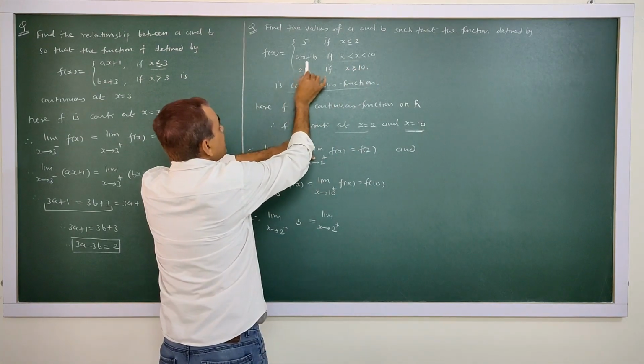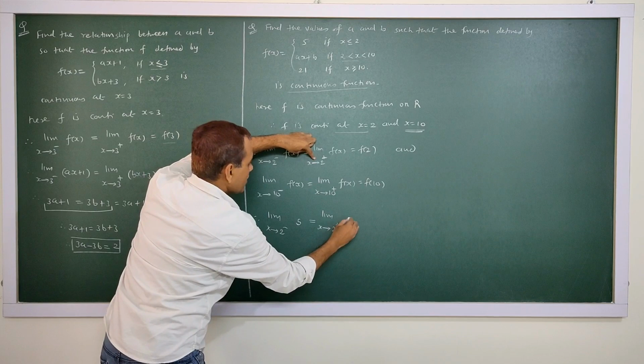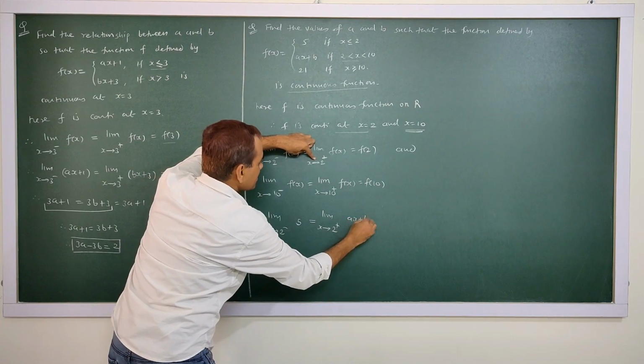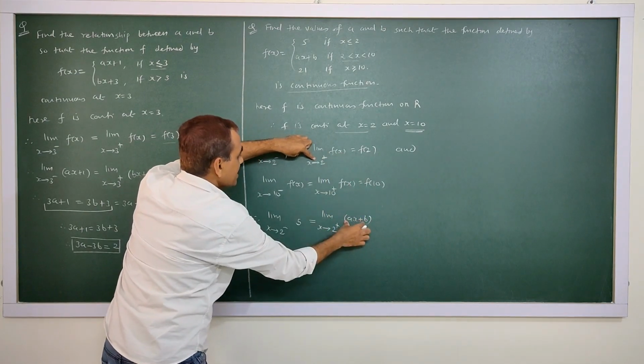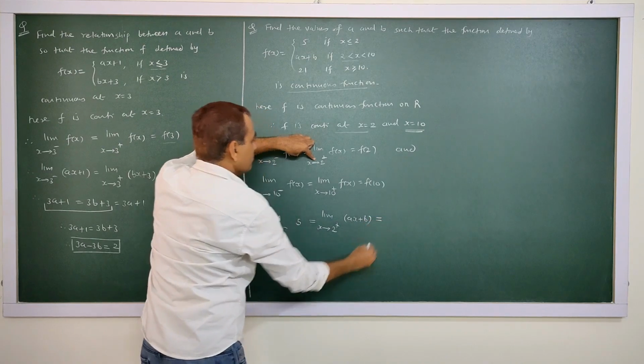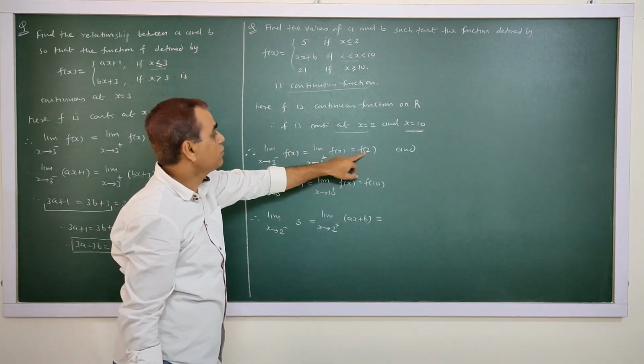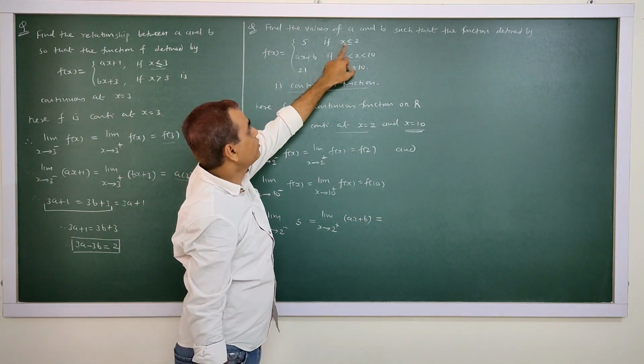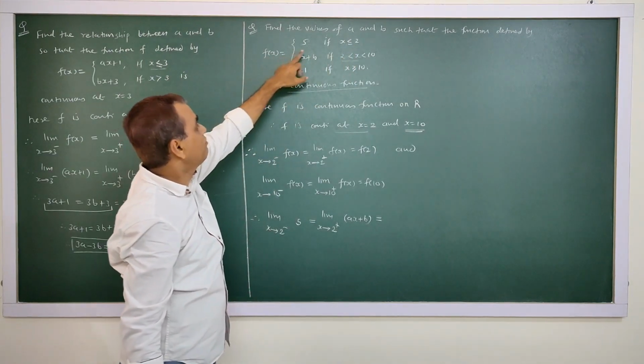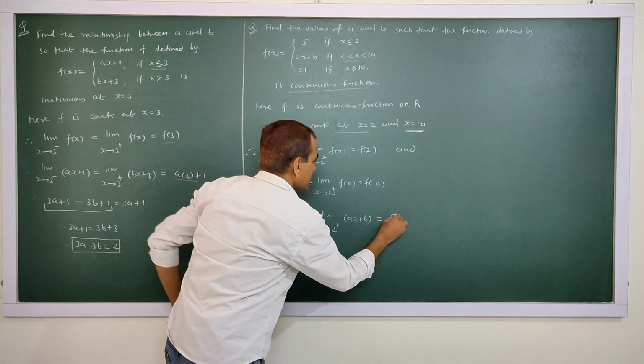So f(x) is ax plus b. So I should keep ax plus b here, equal to f(2). What is f(2)? f(2) is 5.